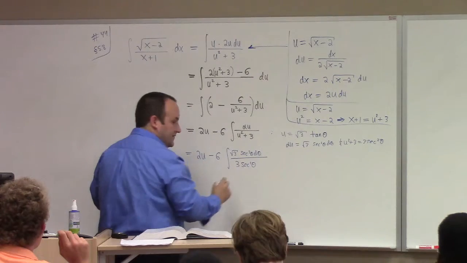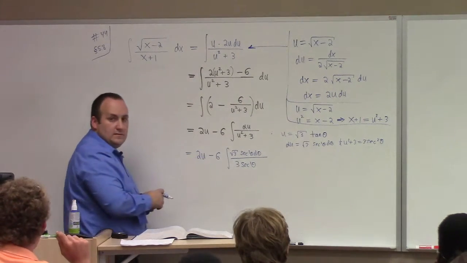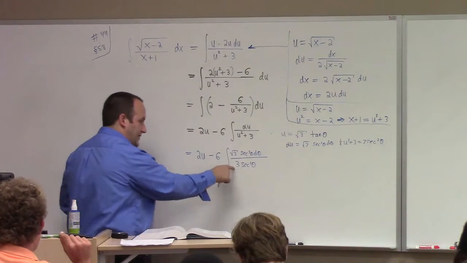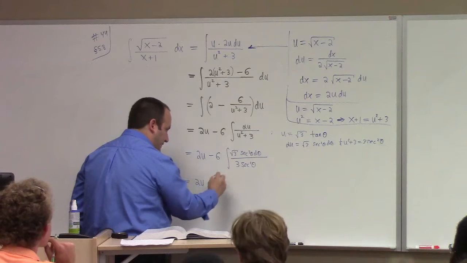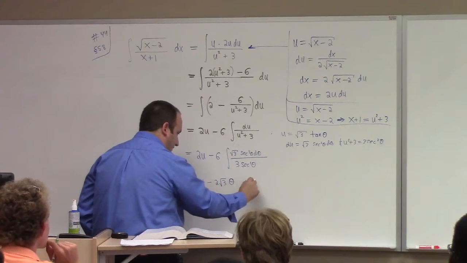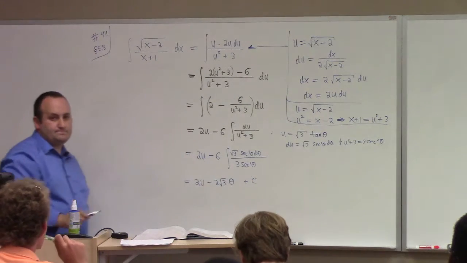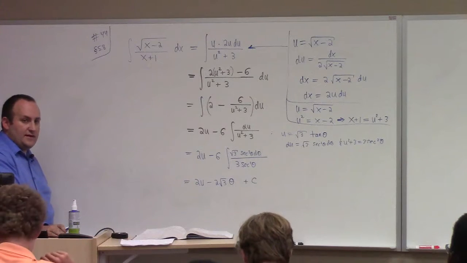Yay, secant squared cancels, right? And we're just left with integral of d theta divided by 3, so we get 2u minus 6 over 3 is 2, so 2 square root of 3 theta plus a constant. But of course I need to unsubstitute, right? So we've got to go back to x's.